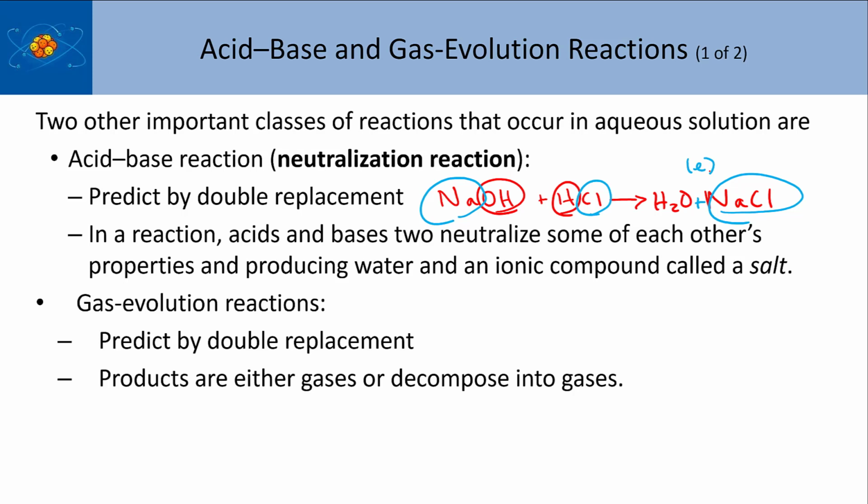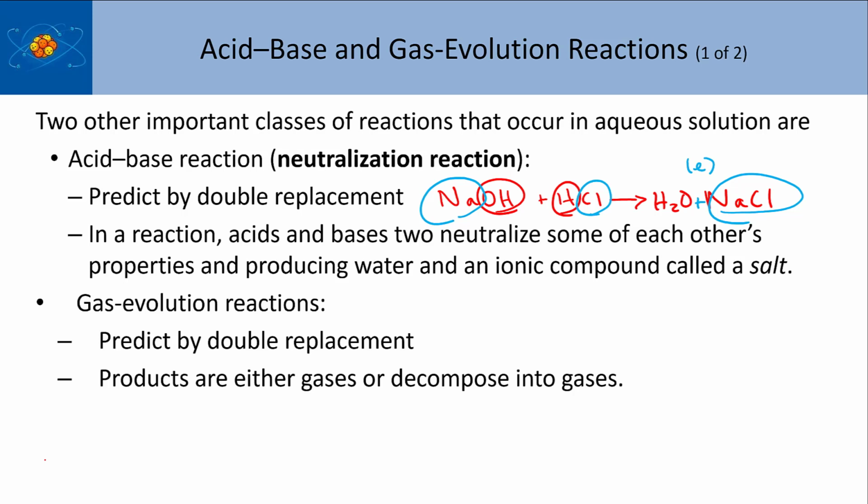Now, gas evolution reactions are also very similar to precipitation reactions. The only difference is, like in an acid-base reaction, the product's not a solid. In a gas evolution reaction, what comes out is a gas. Again, classified in the same group, it's done by a double replacement reaction.